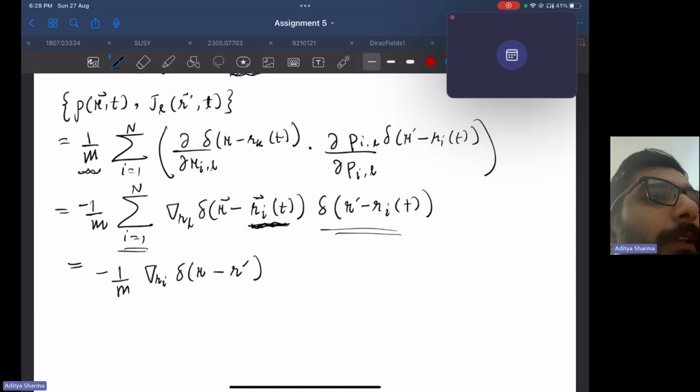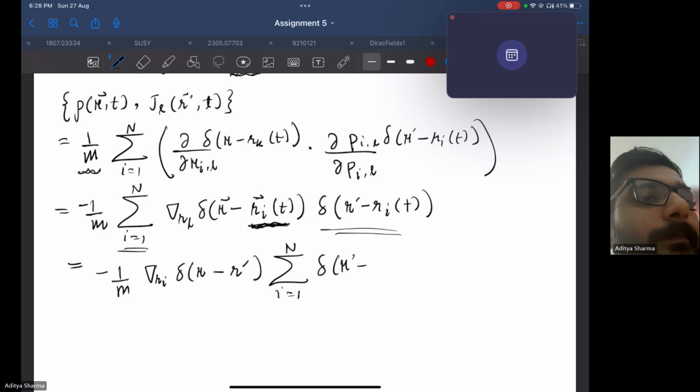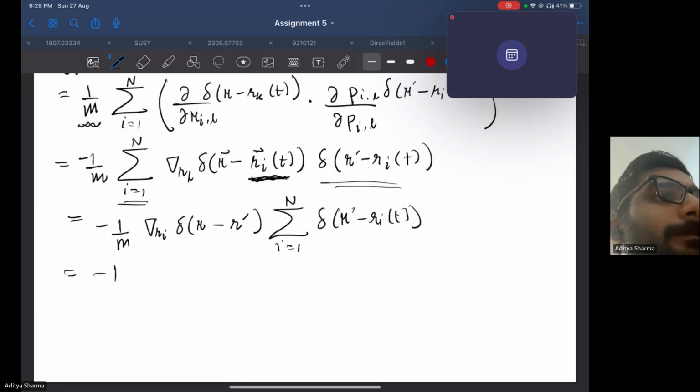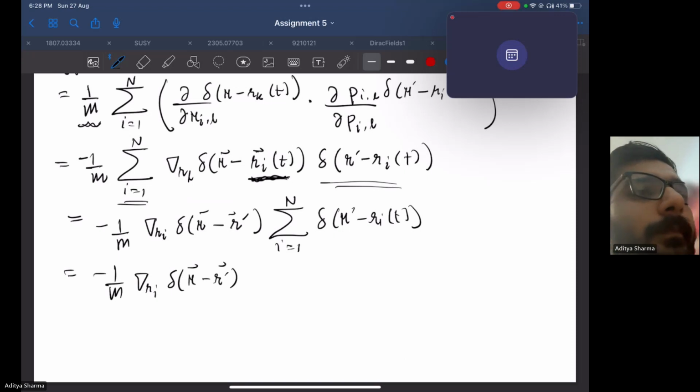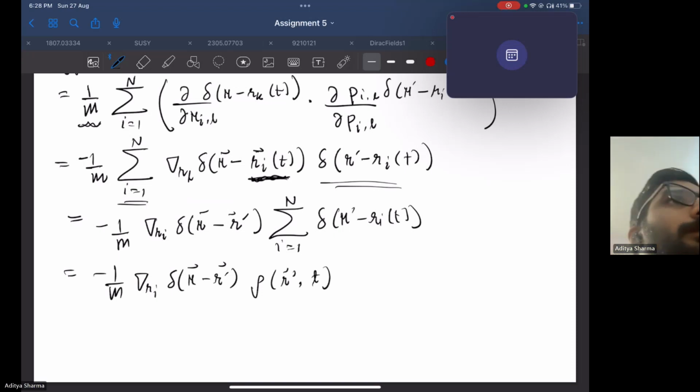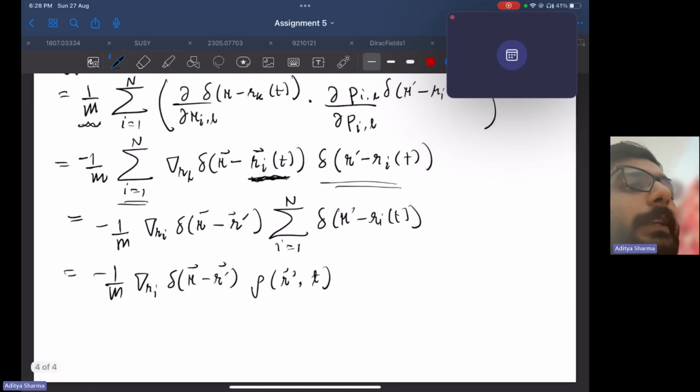If I do that, I can bring that out of the summation, and I will have a summation only over this part, which is nothing but rho of r prime, t. So we'll get this thing.